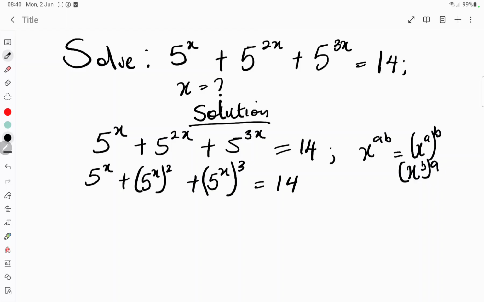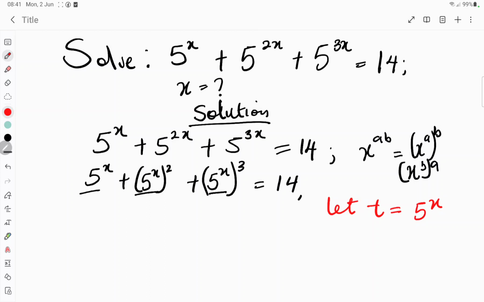From here, we can see there's a bit of similarity between these terms. So we can just let t be equal to 5 power x.